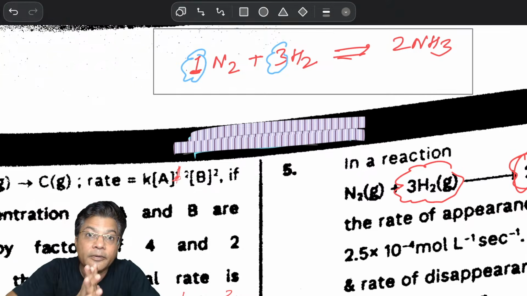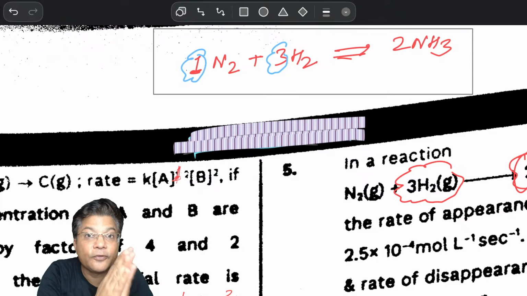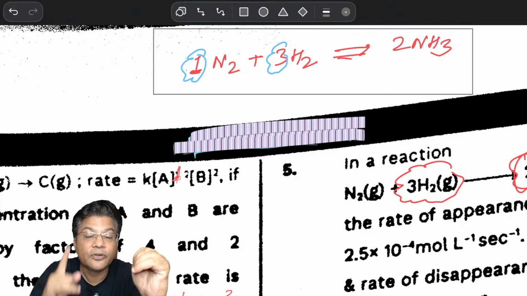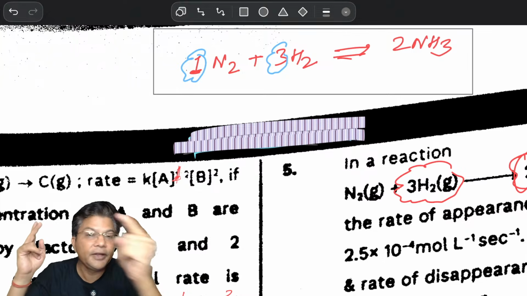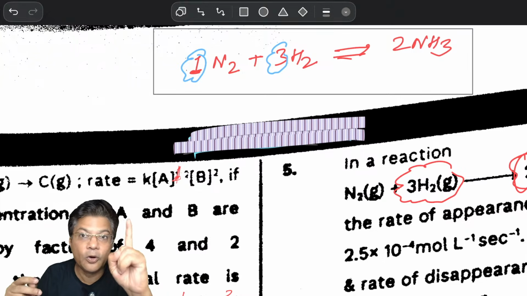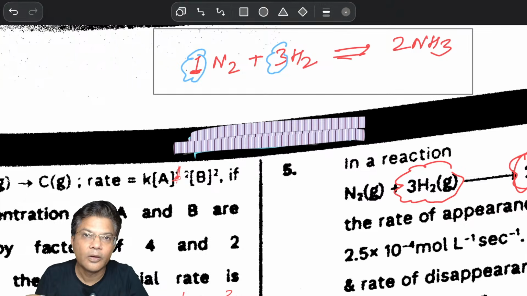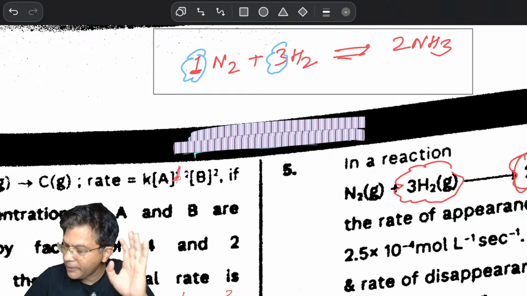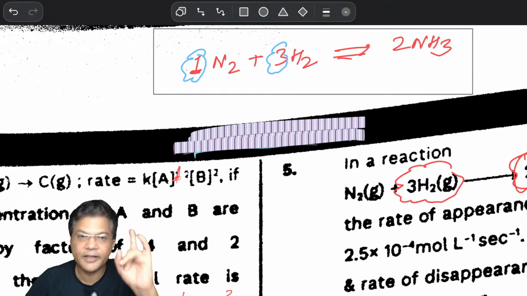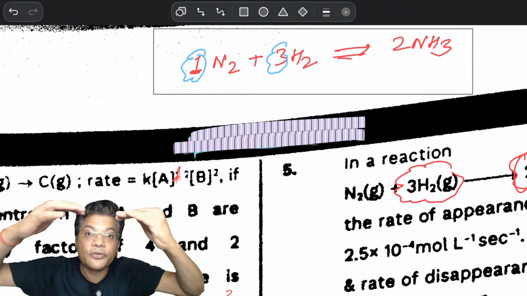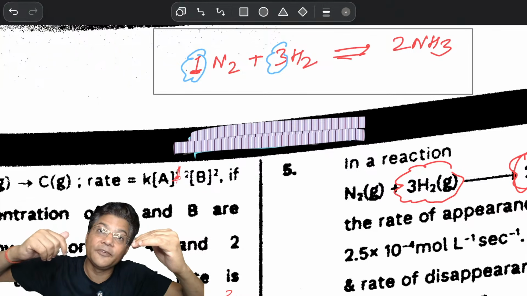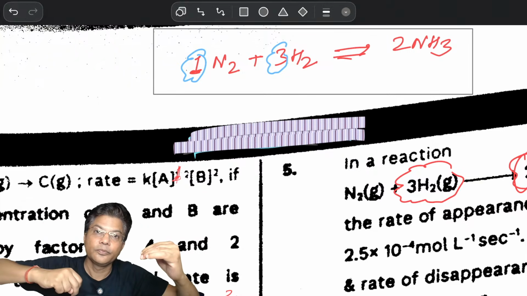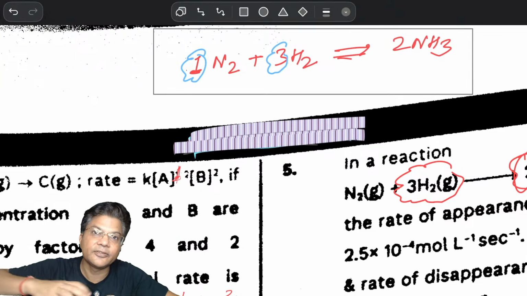But when 3 moles of hydrogen are getting finished, just 2 moles of ammonia are getting formed. For 3, 2. Tell me orally, when 3 moles of H2 are getting finished, how many moles of ammonia are getting formed? 2. That means a little bit less.